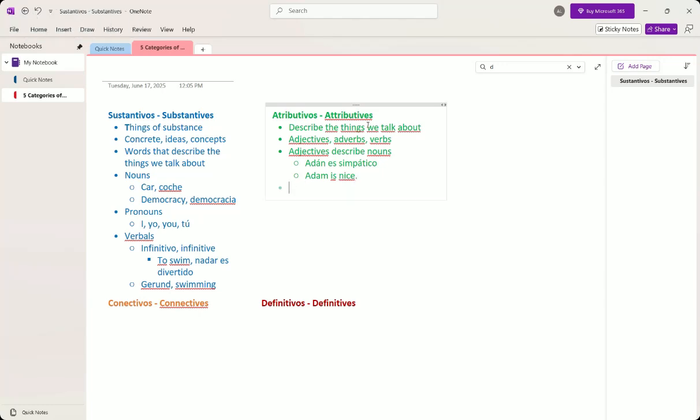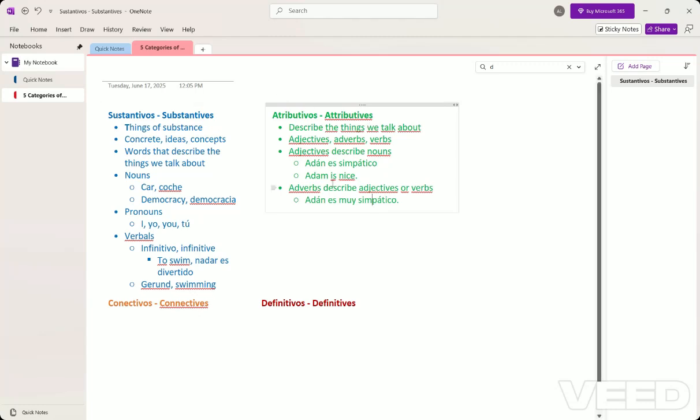All right, adverbs describe adjectives or verbs. So I could say, Adán es muy simpático. That word muy right here is my adverb because it describes not Adam, but it describes simpático.